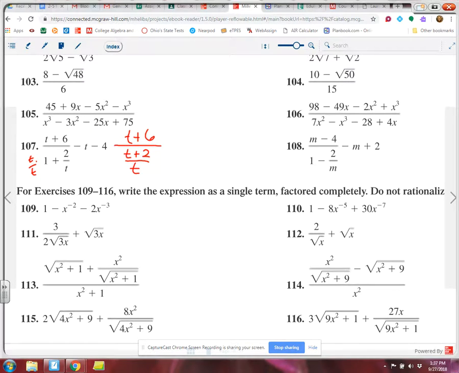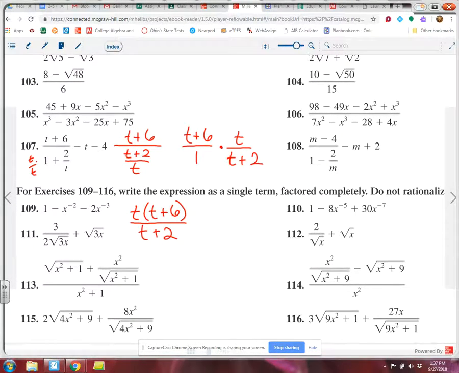So this is t plus 6, like that. So if I multiply across the top, I have that.